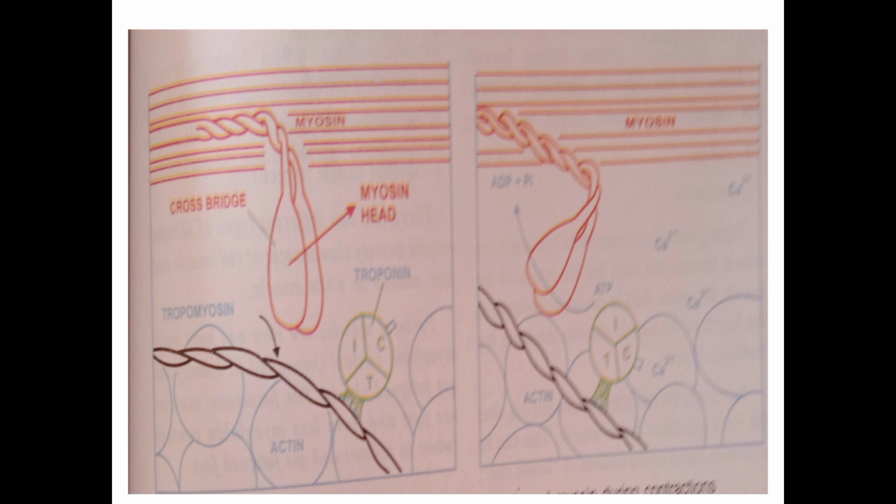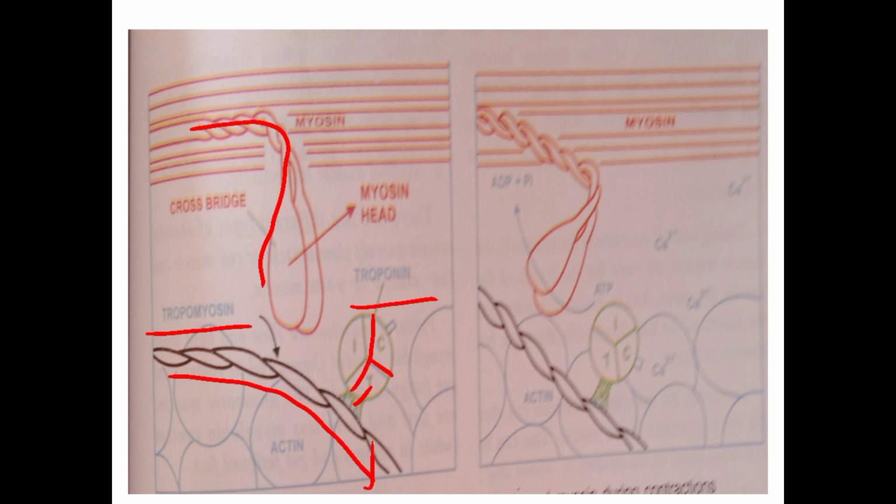So this is a diagram. This is one myosin molecule they are showing. This is the myosin head. This is the actin filament. To this actin filament, this is tropomyosin and troponin. Usually this is the relaxed condition. Troponin has 3 binding sites. The T is attached to here during relaxed condition.